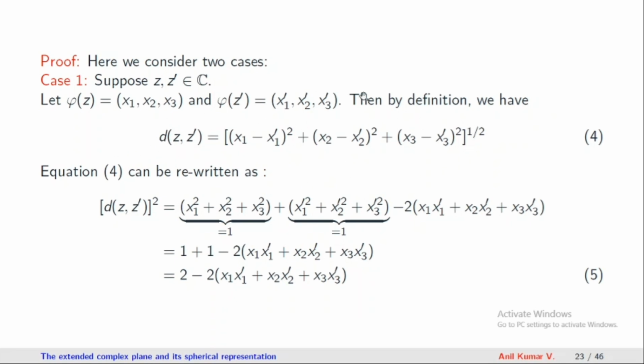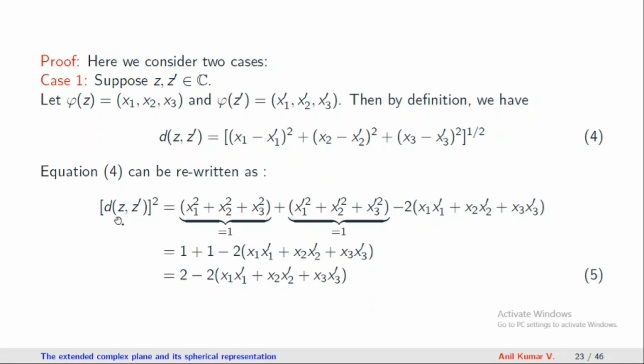But this equation can be written as d of (z, z prime) squared is equal to this expression. If we square each term, we obtain this expression. But (x1, x2, x3) is a point on the unit sphere, so this term reduces to 1, and (x1 prime, x2 prime, x3 prime) is also on the unit sphere, so this expression is also equal to 1.